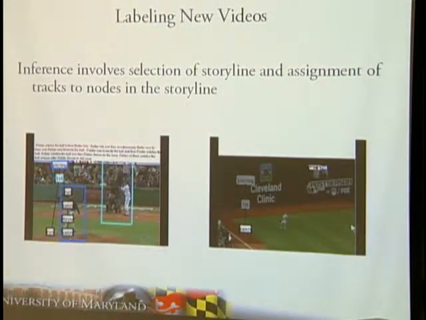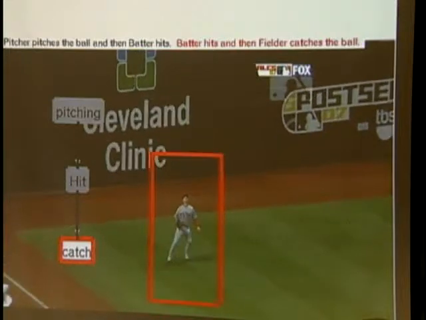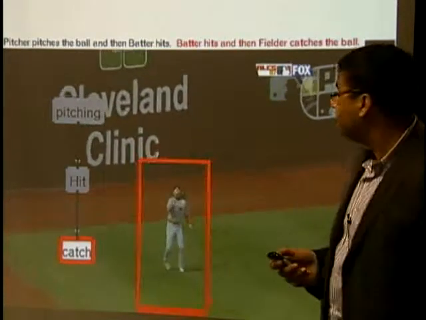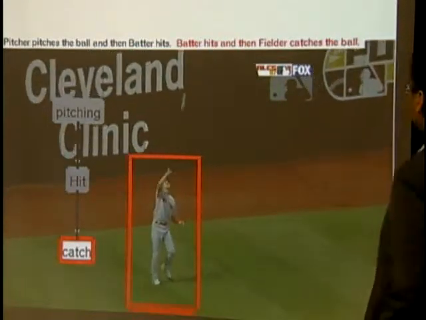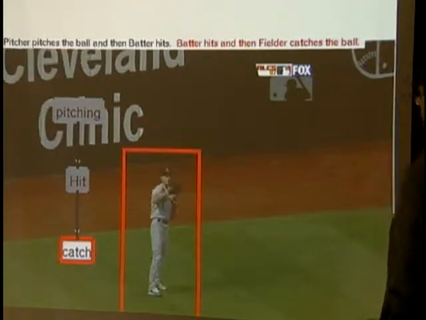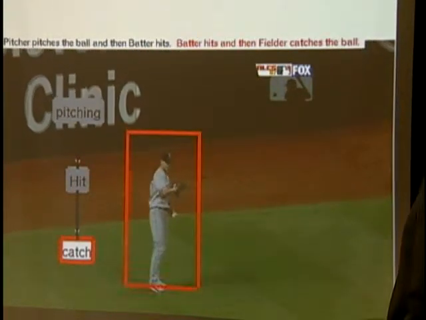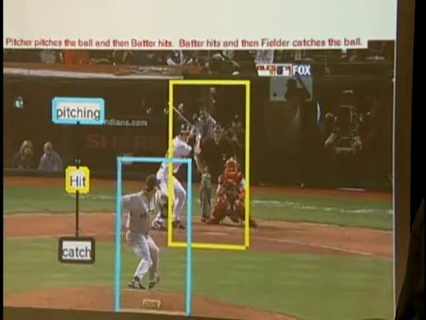Now here is another example where the storyline inferred is much smaller and much simpler. Again, the mapping is shown in color.